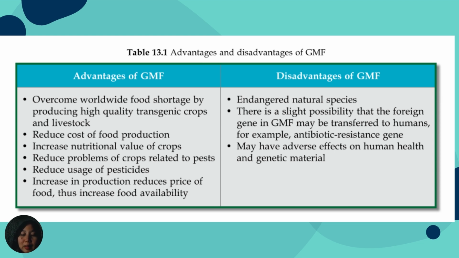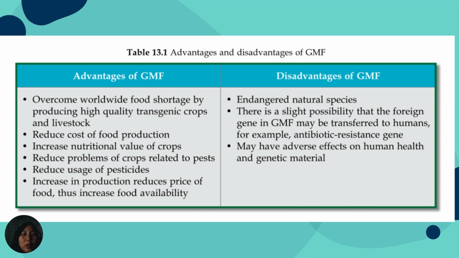Okay, dan kita tahu kalau hantar makanan, contohnya daripada kita tanam di Malaysia, kita tanam dan kita hasilkan buah itu, and then kita hantar pergi negara Afrika contohnya. Malaysia dengan Afrika kan jauh, so dia mengambil masa yang lama. Jadi untuk mengelakkan buah tu rosak dan tahan lama, inilah kita gunakan teknologi GMF.